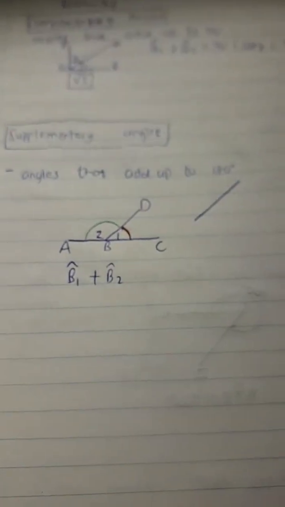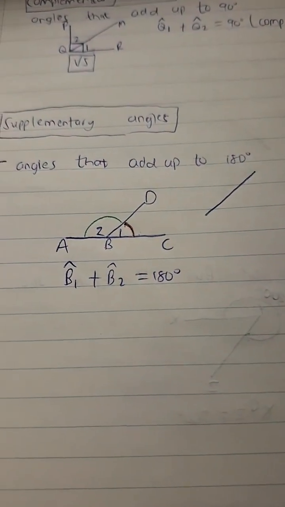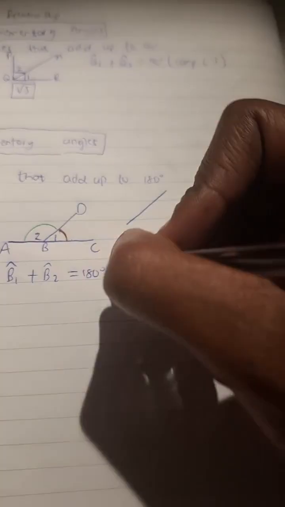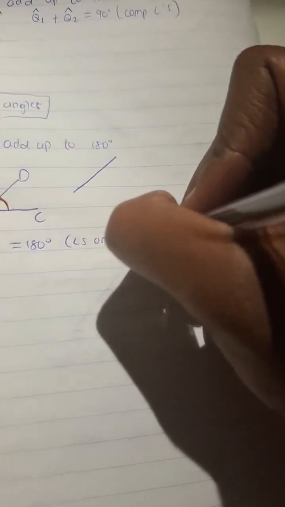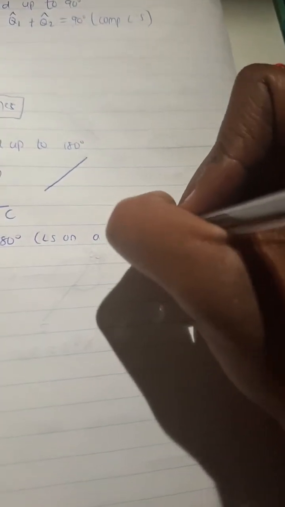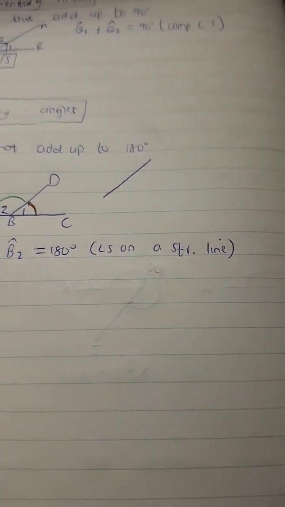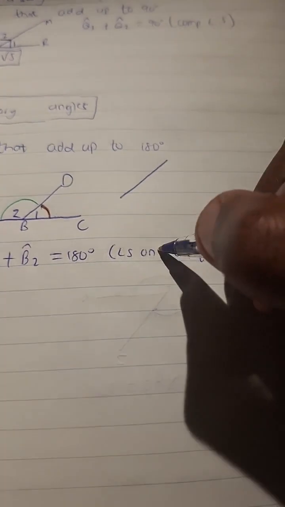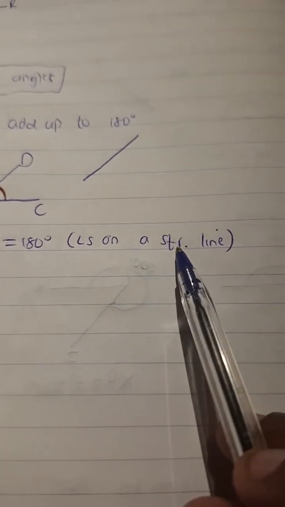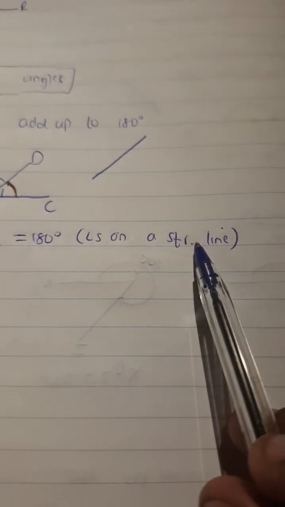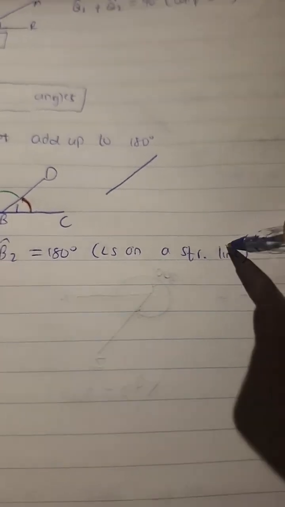We can say angle B1 plus angle B2 is equal to what? 180 degrees, right? Angles on a straight line.